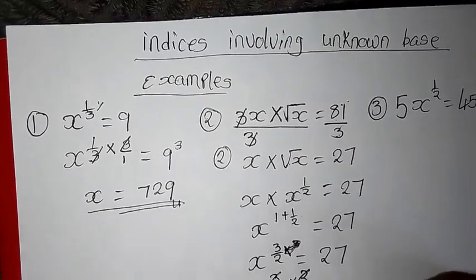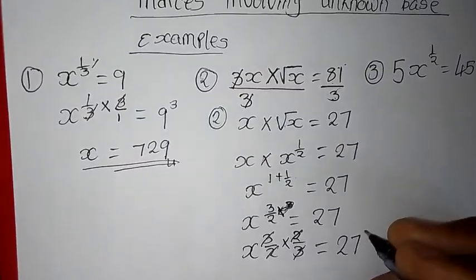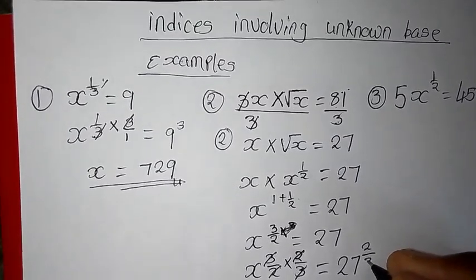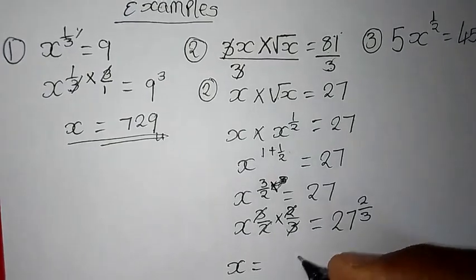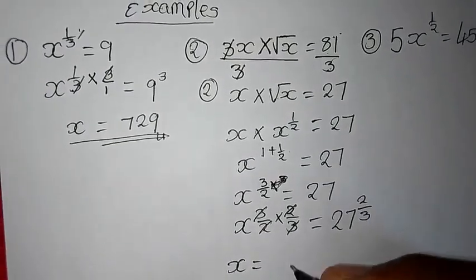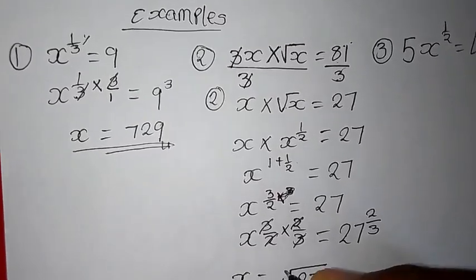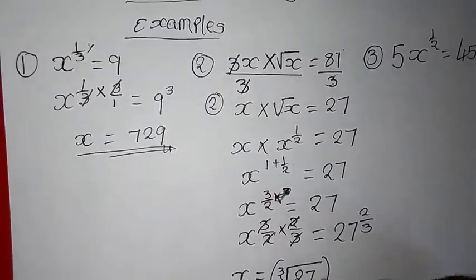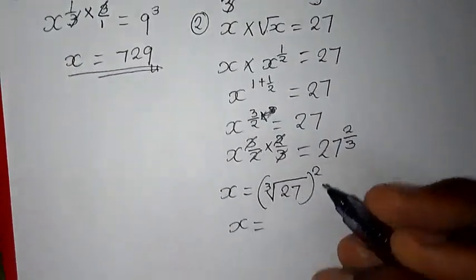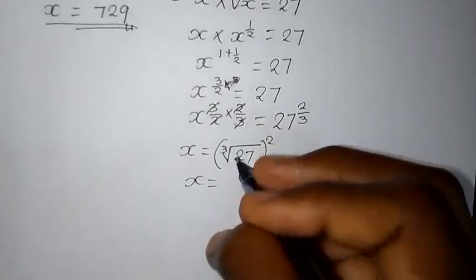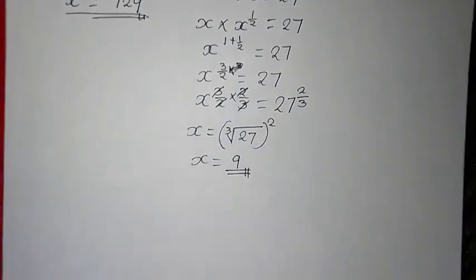What you do to the left side, you also do to the right side, which is 27^(2/3). So x is equal to 27^(2/3). So the cube root of 27, then you square it. So x is equal to, the cube root of 27 is 3, then 3 squared is 9. That's it for this question.